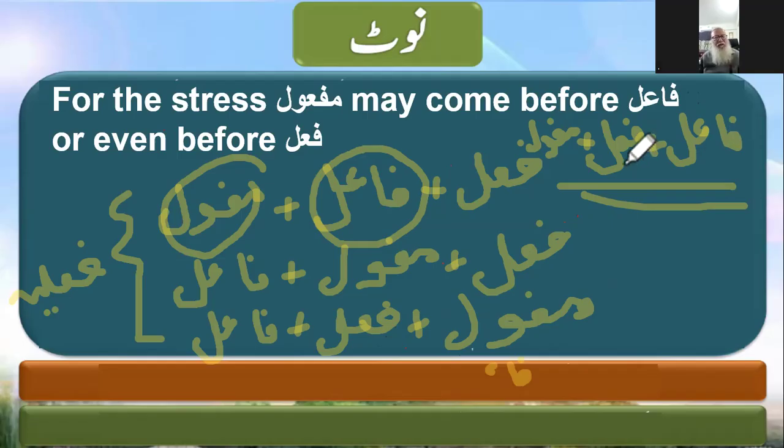Now we can't say the fi'l and fa'il is a jumla. We can say the fa'il is mubtada, and fi'l and maf'ul become the khabar. The khabar can come as a jumla ismiyya, jumla fi'liyya, or shibh jumla. So then it is not a jumla fi'liyya. In the jumla fi'liyya, yes, the maf'ul is mansub.